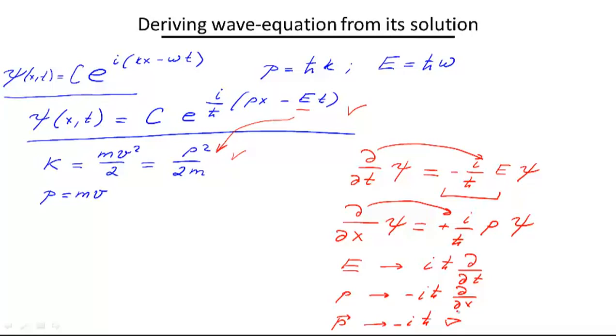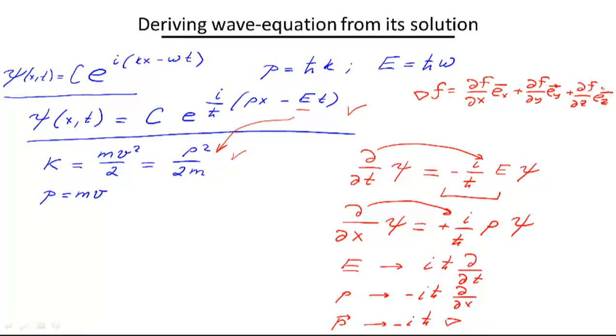So this nabla is called gradient, which, if we have a function f, is by definition df over dx, the unit vector in the x direction, plus df over dy, unit vector in the y direction, plus df over dz, unit vector in the z direction.